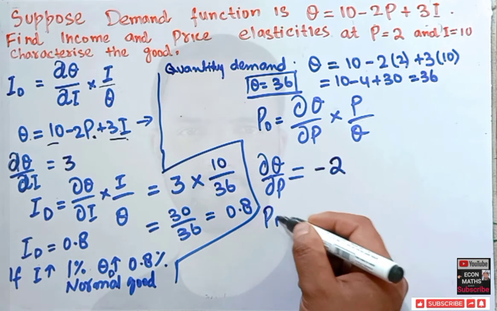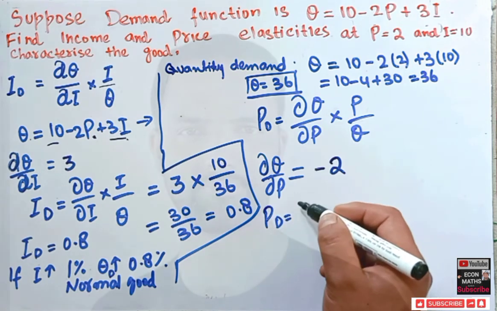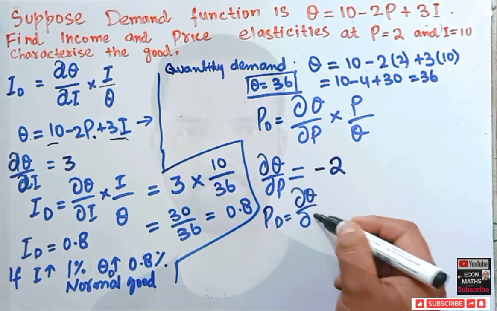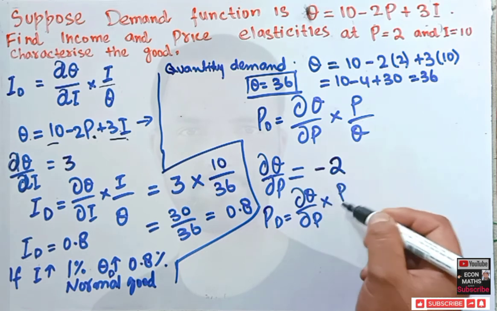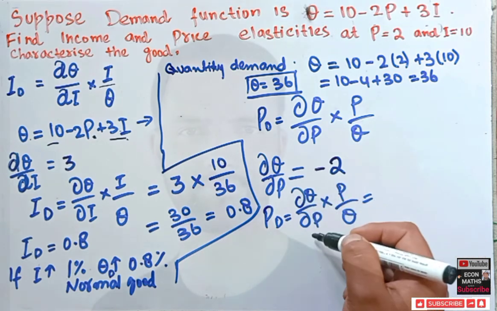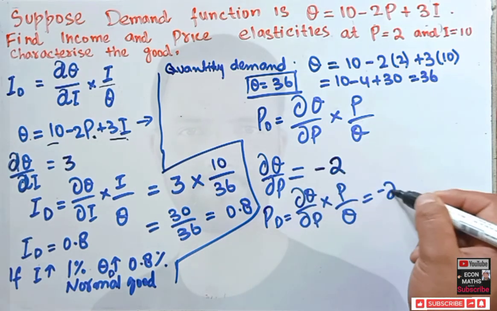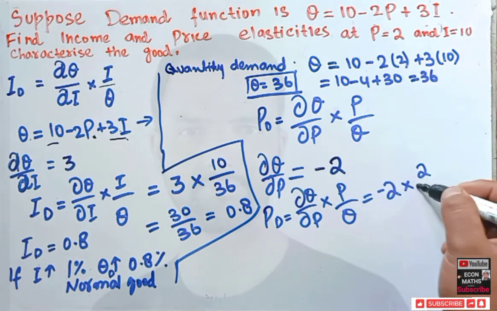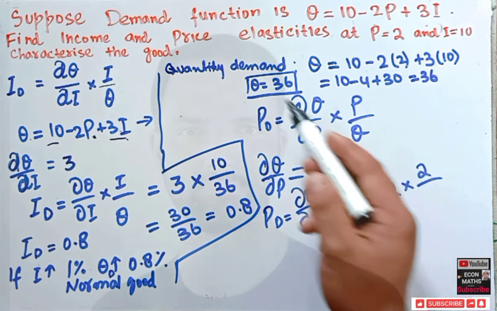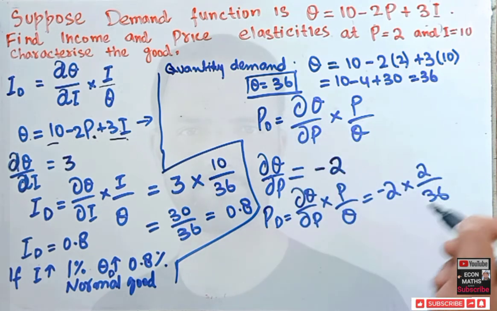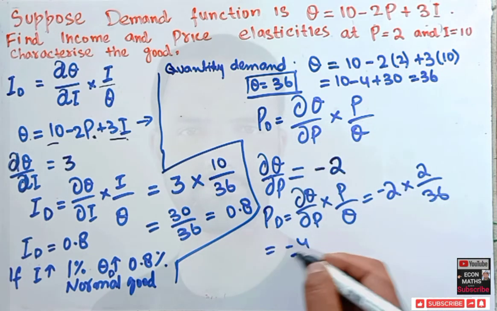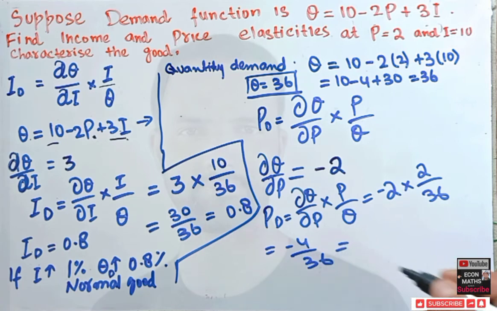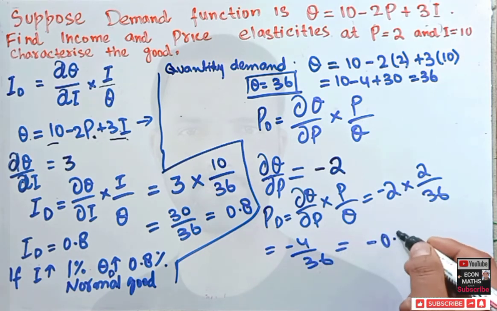That means price elasticity of demand would be equal to dq upon dp into p by q. Just insert the values: dq upon dp is minus 2, into the value of p, which is 2, divided by the value of q, which we calculated, that is 36. So this comes out to be minus 4 divided by 36. When calculating, this will come out to be about minus 0.11.